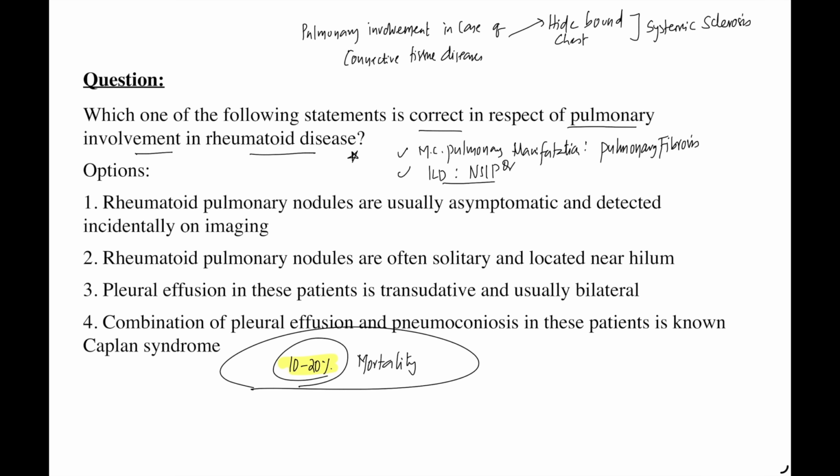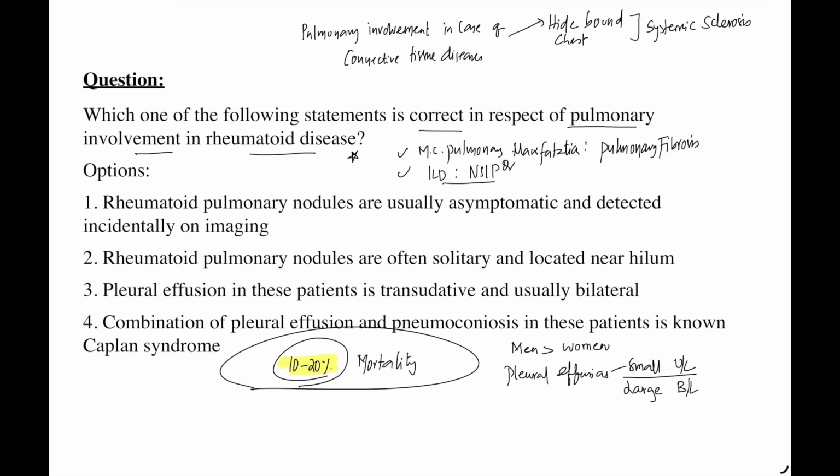Okay, and this condition is more common in men than women. That is, lung involvement with rheumatoid disease is more commonly seen in men. And the patients will present with pleural effusions. These effusions are small, unilateral commonly, but they can also be large or bilateral.